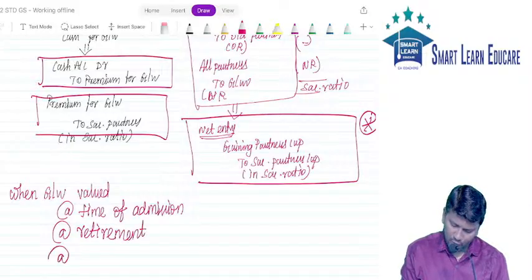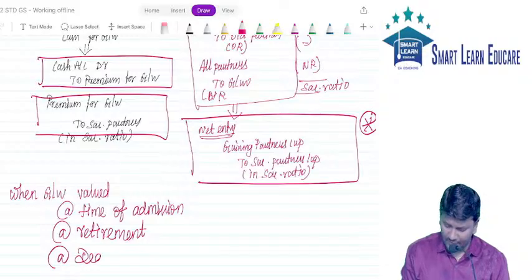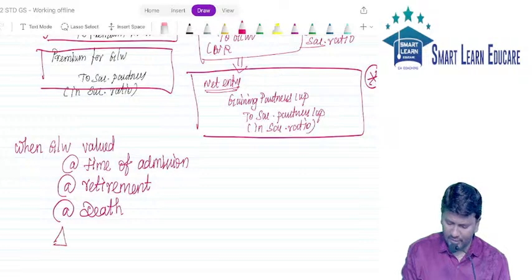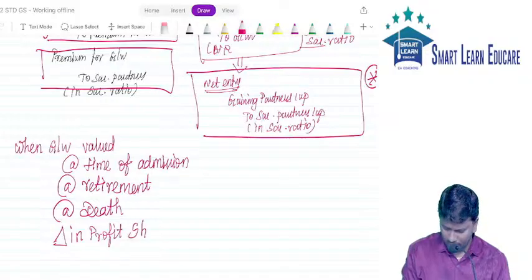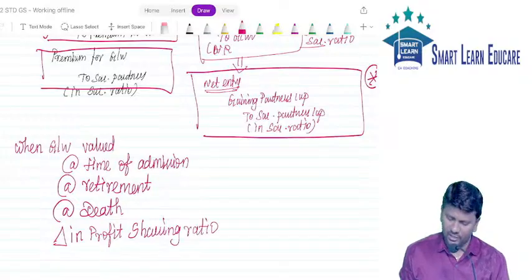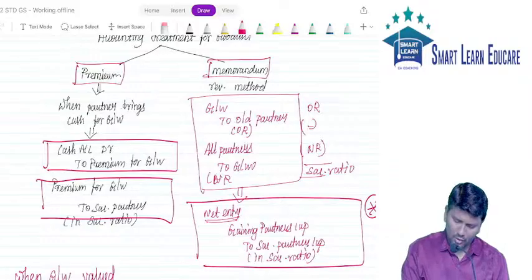Goodwill is valued at the time of death of a partner. Goodwill is valued when there is a change in profit sharing ratio. When there is a change in profit sharing ratio, there is no concept of a new partner.